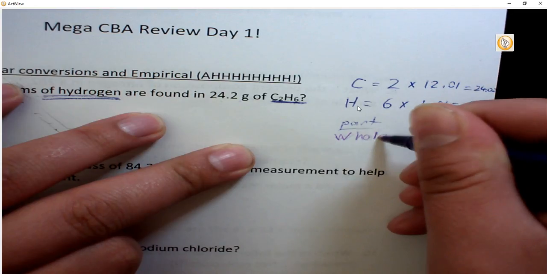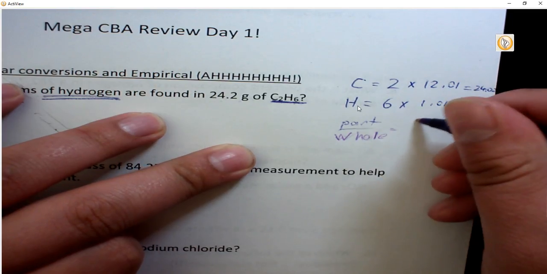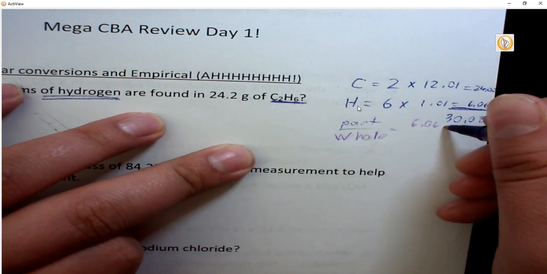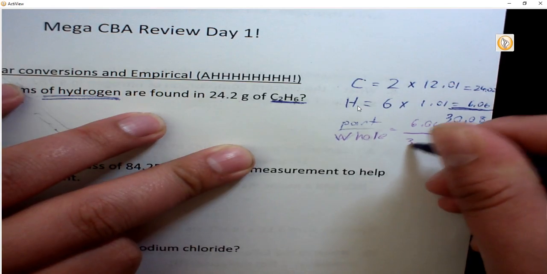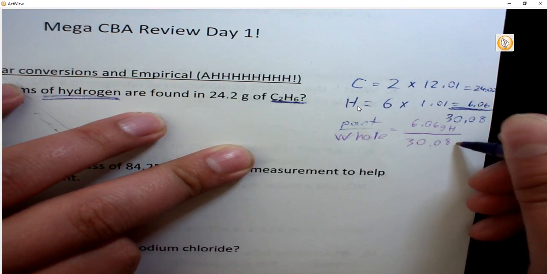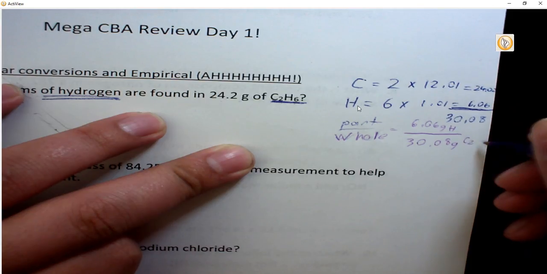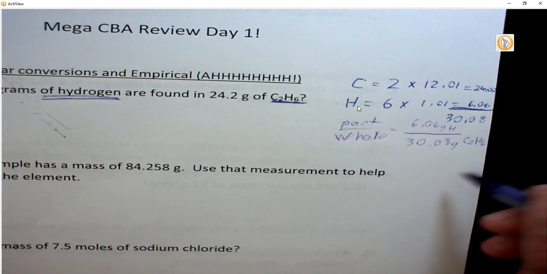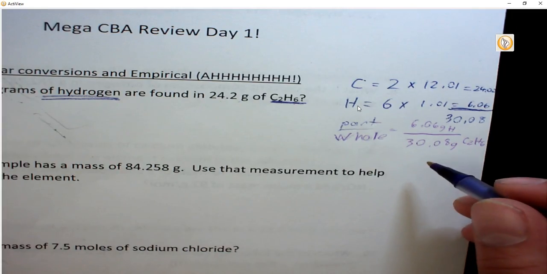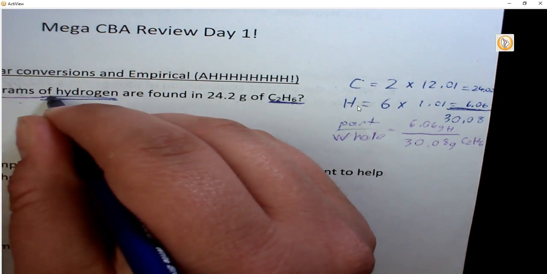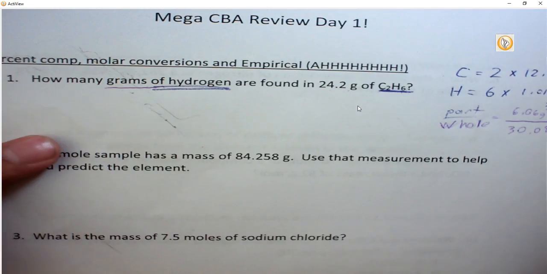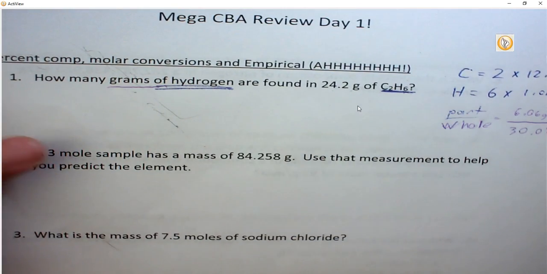So the part we're looking at right now is hydrogen, which we have 6.06 grams of hydrogen, and 30.08 grams of dicarbon hexahydride. Now we could go through that and actually calculate the percentage, but we don't really need that. What we're looking for is how many grams of hydrogen are in 24.2 grams of dicarbon hexahydride.